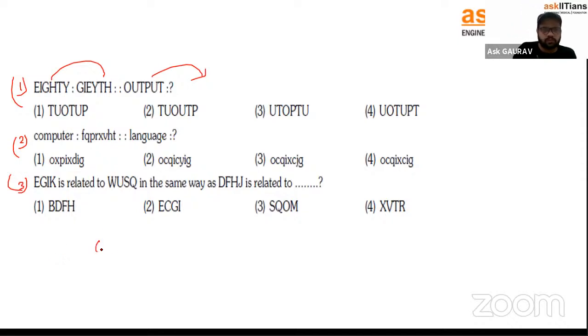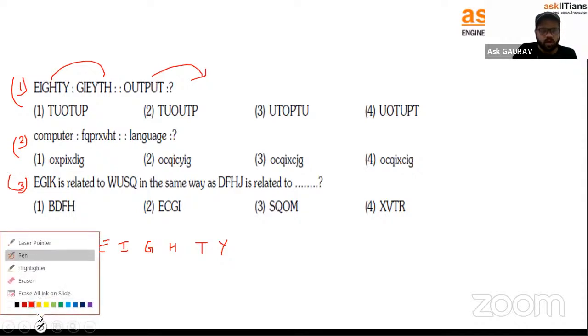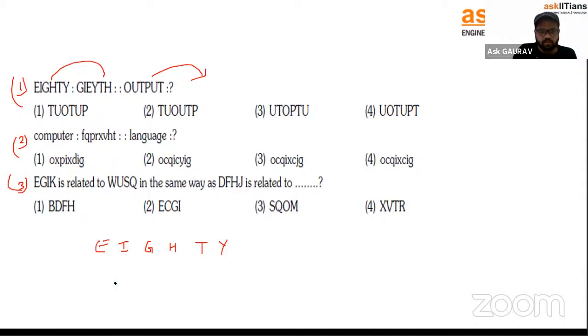Okay, see. EIGHT to GIEYTH. How will you get this one? If you follow this pattern, somehow all these words are just interchanged. So just follow how they are interchanged.